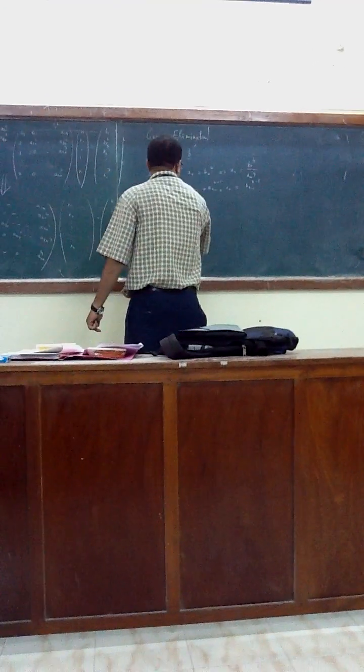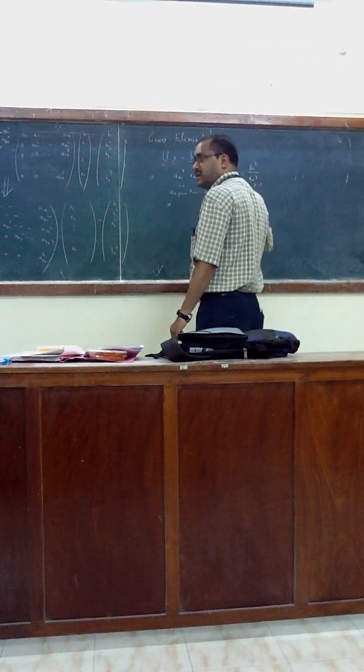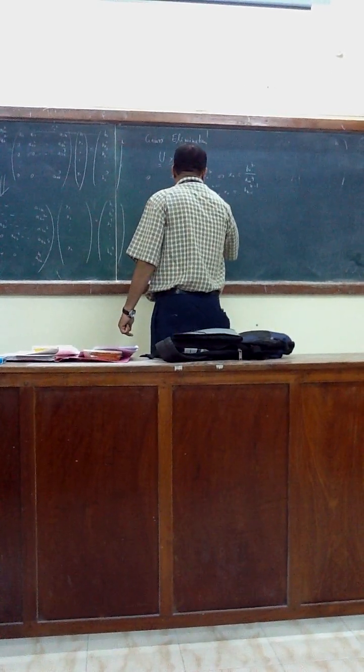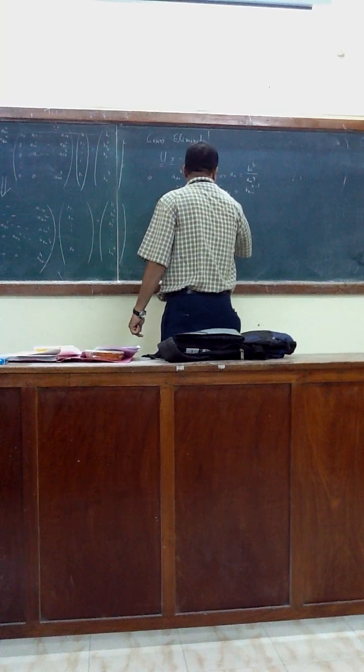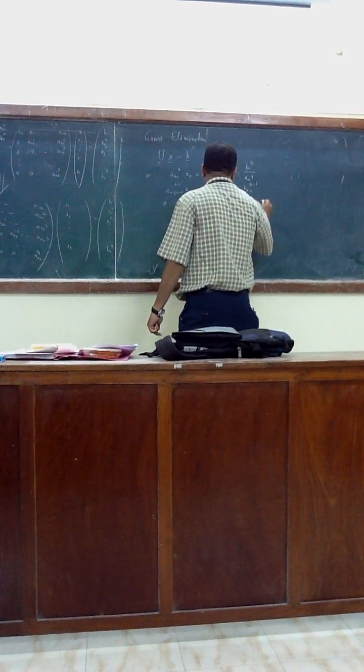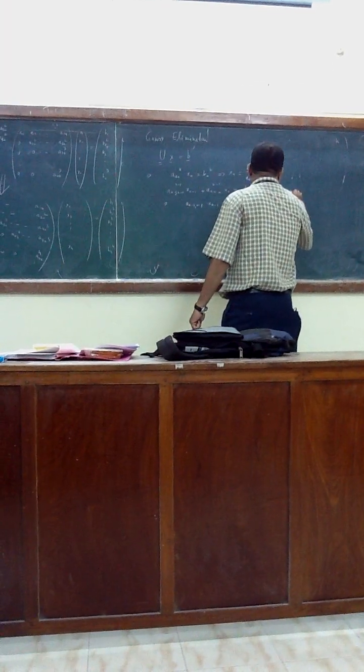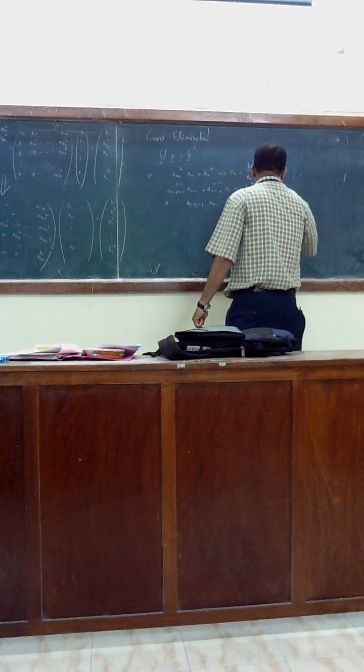Then xn is already known, which is bnn by Annn. So we have A(n-1)(n-1), comma x(n-1) equals to b(n-1) minus A(n-1)n into bnn by Annn.